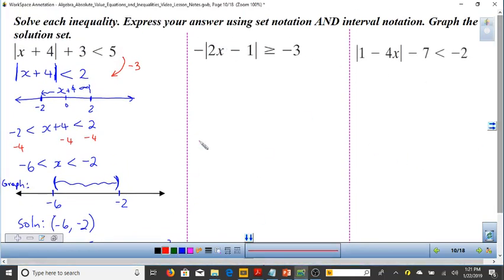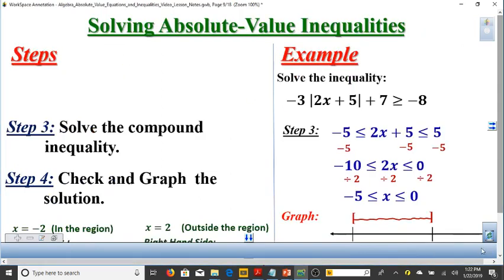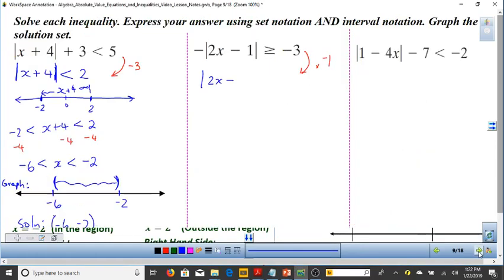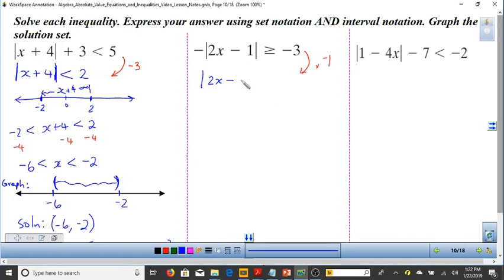In this case, the absolute value has a negative in front of it, so we have to isolate it by multiplying both sides by negative 1. When I multiply by a negative, the absolute value stays, but the inequality reverses.